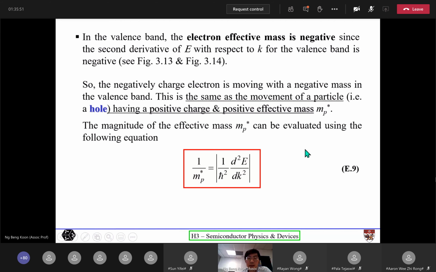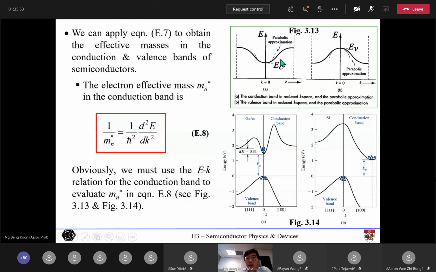The good thing here is that the E-k diagram has already taken into account the internal interaction with the force, because when we solved for this, we used the potential energy of the atoms interacting with the electron. So the internal effects are already taken into account in the E-k diagram, and if you find the mass from the E-k diagram, you essentially get an effective mass quantity.